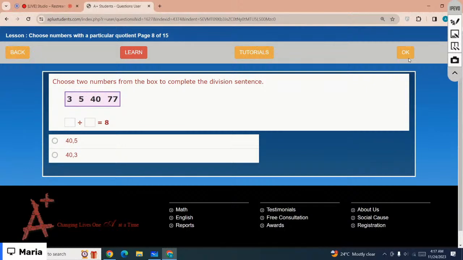Yes, 40 and 5 have the quotient 8. Very good. You can complete the lesson by yourself later today. Let me just move on to the next lesson.